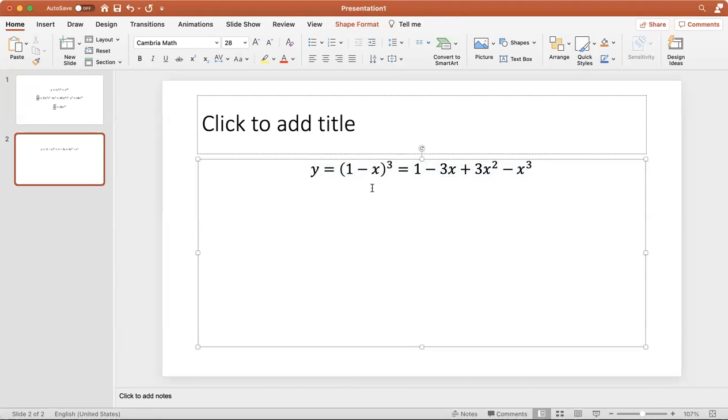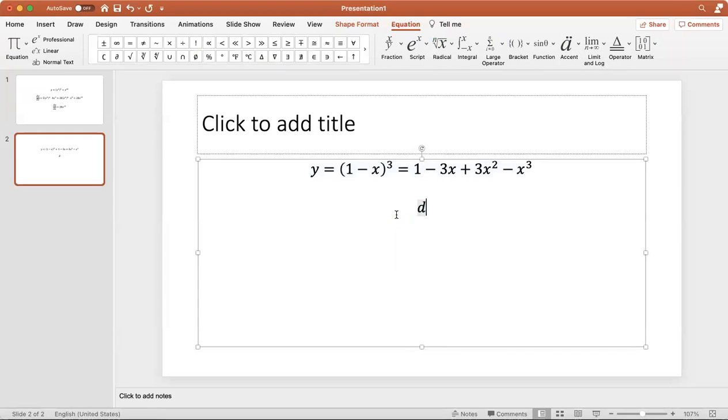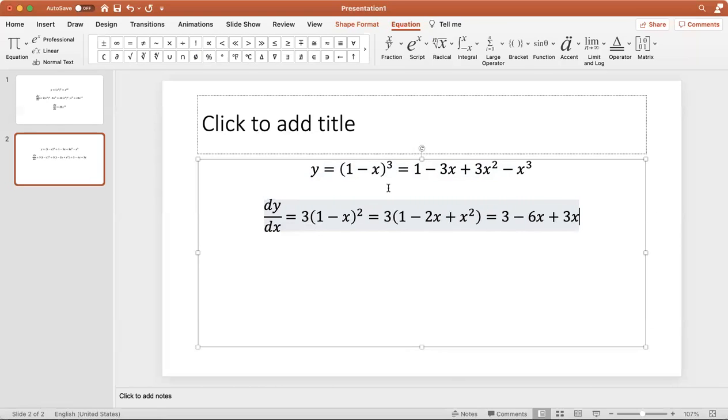So in the first expression, you'll need to use the power rule. So using the power rule, you'll get dy over dx equals 3 times (1 minus x) squared, right? And now expanding the expression, you have 3 times (1 minus 2x plus x squared), which of course translates to 3 minus 6x plus 3x squared.